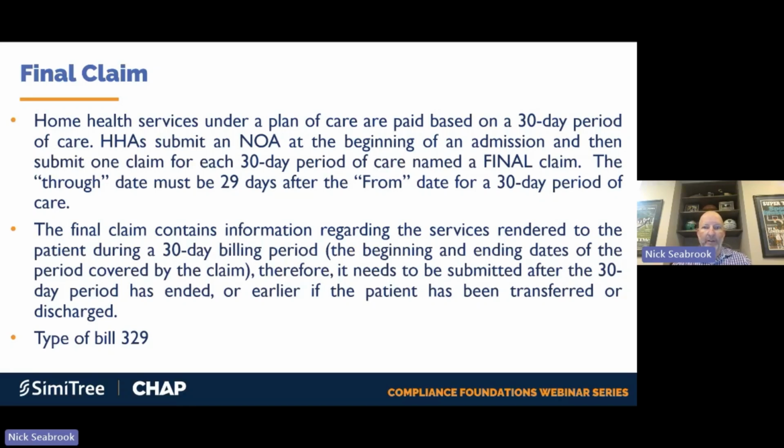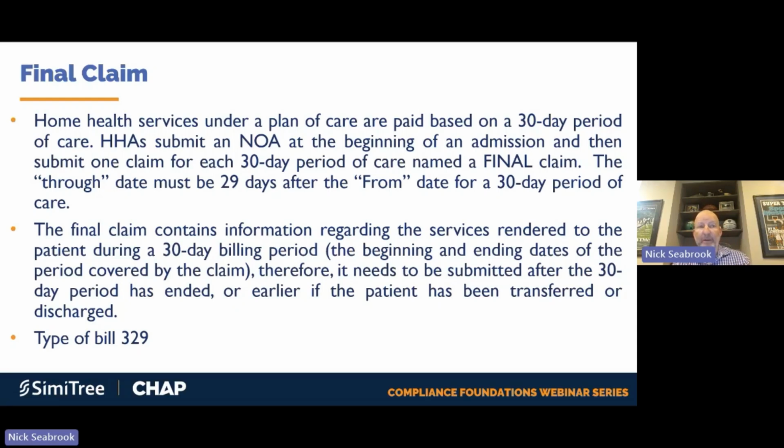It's important to know here that you want to make sure that all services that are rendered during that 30-day period of care are on that claim. You don't want to be in a situation where you're billing too quickly, right? This is something I would say we see agencies potentially have a problem with: you bill a final claim on day 31, for example, and maybe you're using a contractor from a therapy or nursing perspective, and they don't have their documentation in the EMR yet.